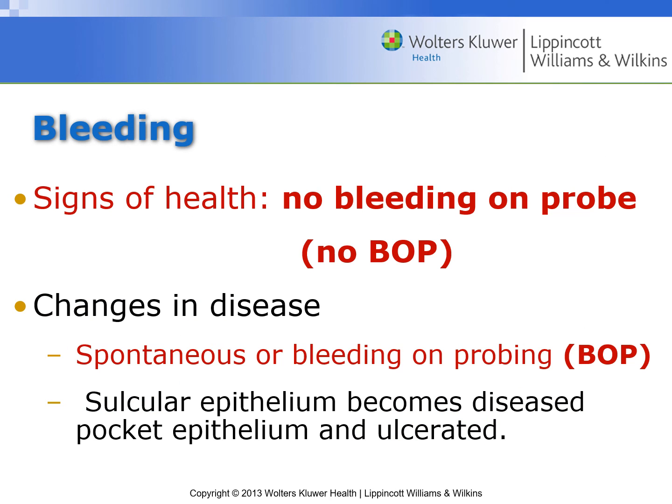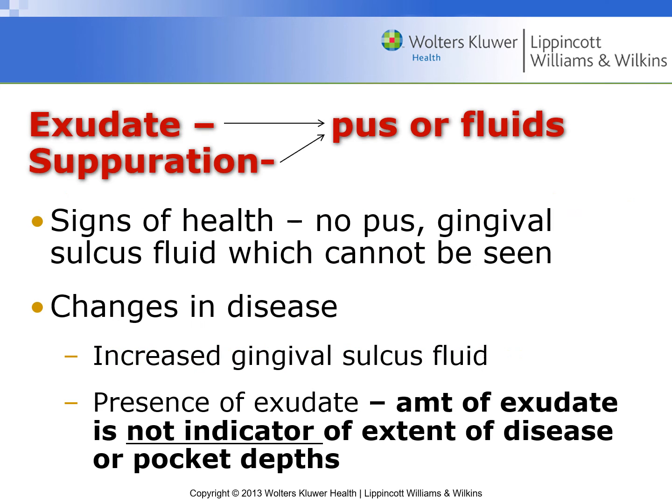Bleeding: the sign of health is no bleeding. If you have a healthy mouth, you have no bleeding on probe. Changes in disease: spontaneous bleeding or BOP, which is bleeding on probe. Sulcular epithelium becomes diseased pocket epithelium and ulcerated. Then you have exudate and separation.